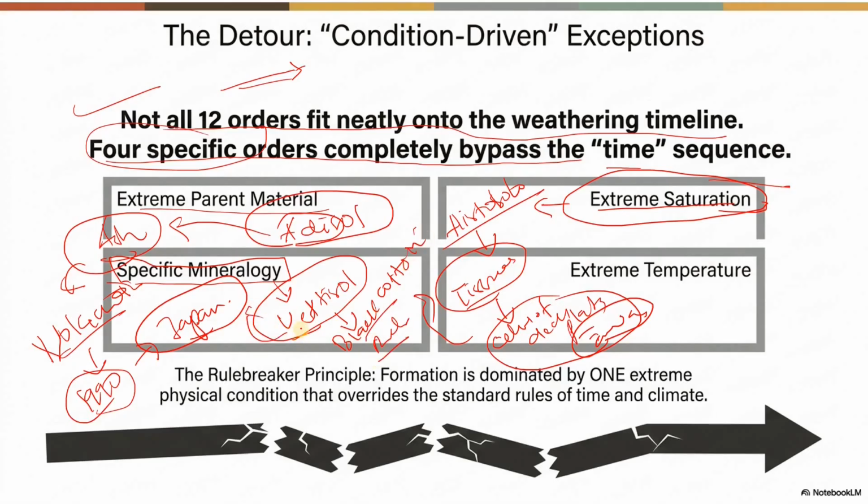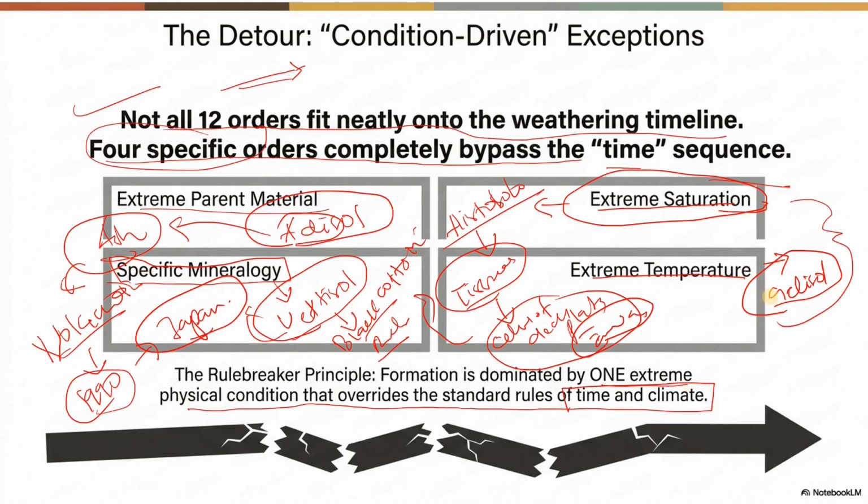And when we are talking about extreme temperature, that is the Gelisol, which is absent in India because India does not have permafrost soil. So formation is dominated by one extreme physical condition that overrides the standard rule of time and climate. That's why these four are treated differently.